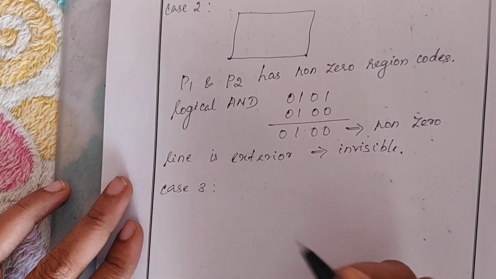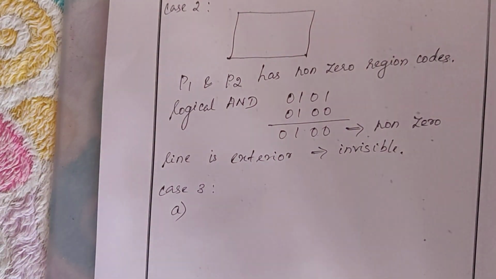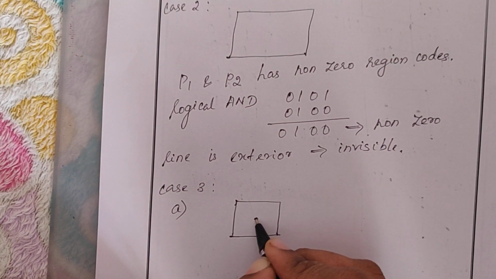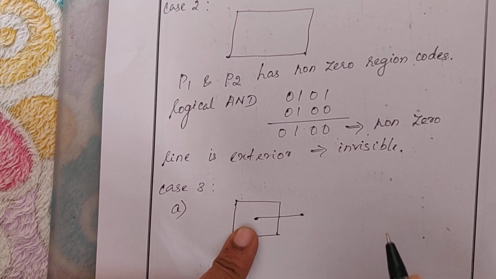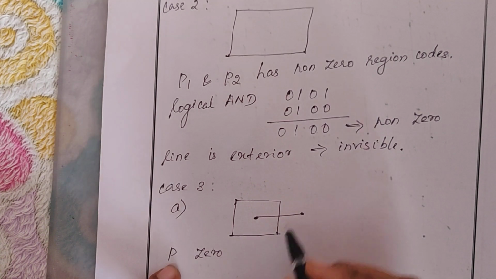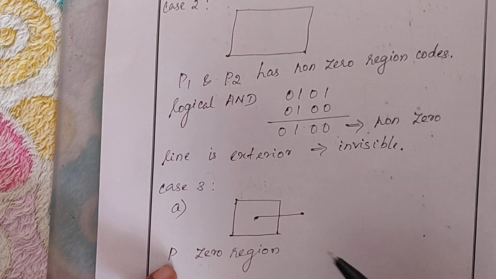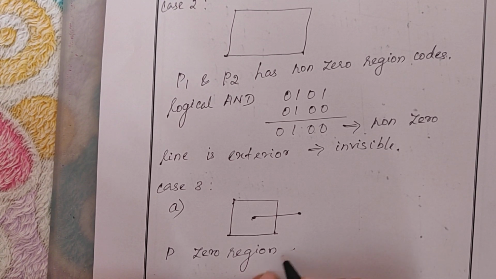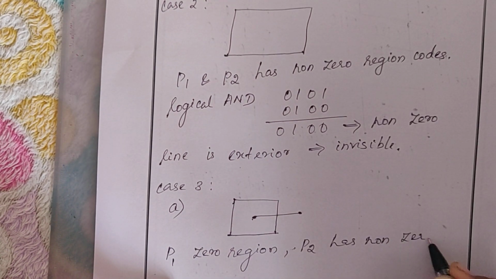Next is case 3. In case 3, again I have 2 subdivisions. The first subdivision: I have a clipping window. One endpoint lies inside the clipping window, the other endpoint lies outside the clipping window. That is, one point will have a 0 region code. You know, only inside the clipping window I'll have a 0 region code. The other endpoint, since it is outside, has a non-zero region code.